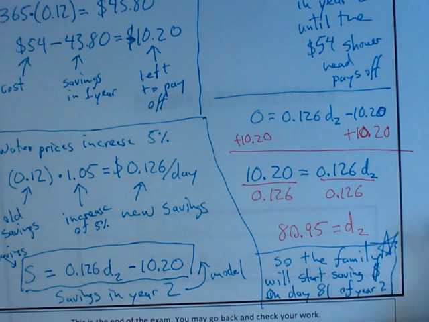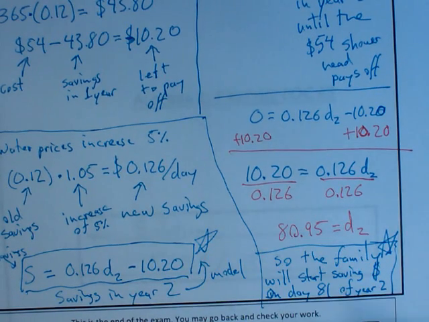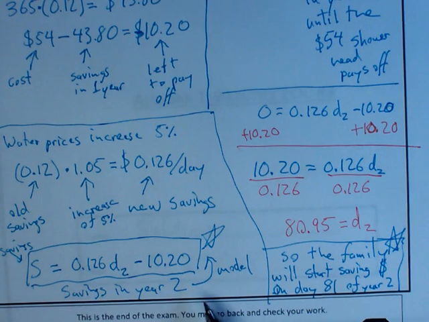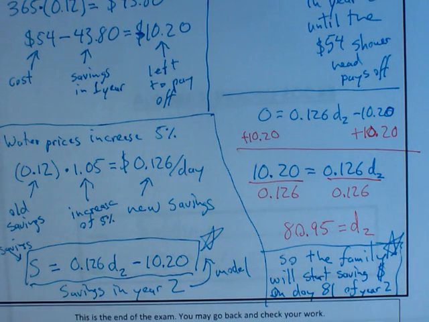So the two parts of my answer are, according to what they're asking for, the model and the number of days it would take for the shower head to pay off.